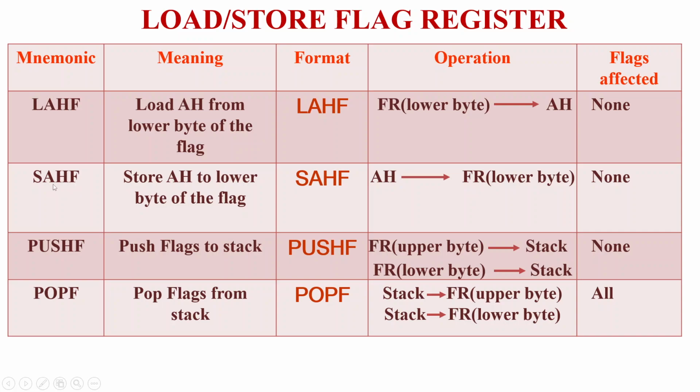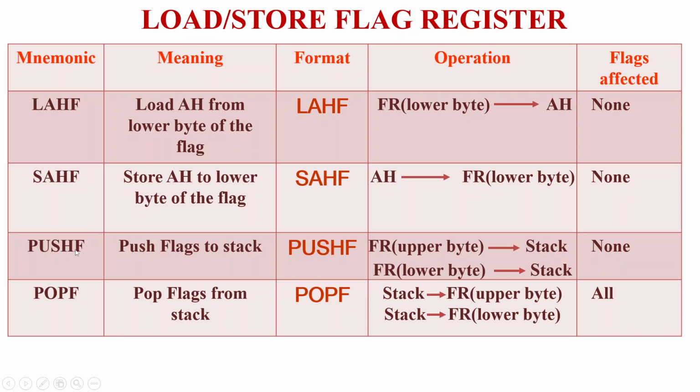It is nothing but store the content of the AH register to the lower byte of the flag register. It is not the upper byte, it is the lower byte of the flag register. So SAHF, this is the format of this instruction. Here the content of the AH register is given to the flag register, to the lower byte, least 8 bits. Here also the flags are unaffected.